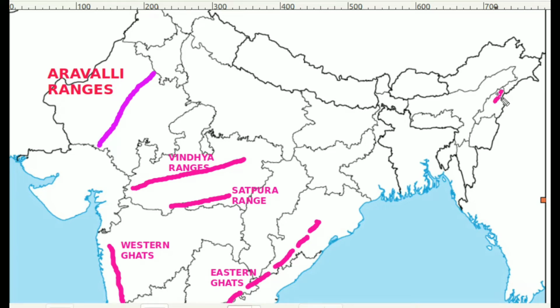The first one is Patkai Bum, on the northern side. And in the south, just mark this. This is the second eastern highland in Nagaland. It is known as Naga Hills.